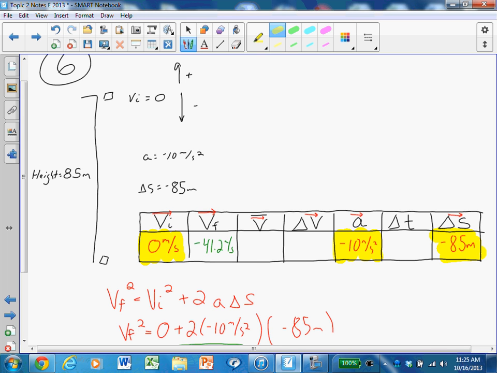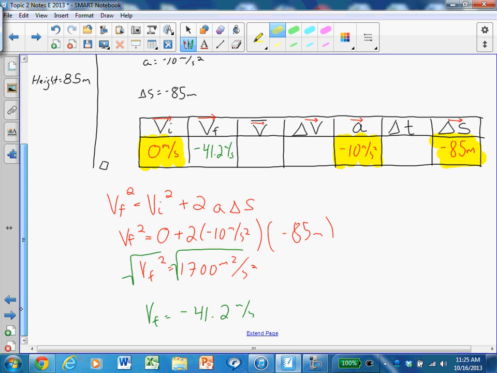All right. Classic, right? So if we do our Vf squared equation, Vf squared equals Vi squared plus 2A delta S. And so Vi is 0, so that drops off.